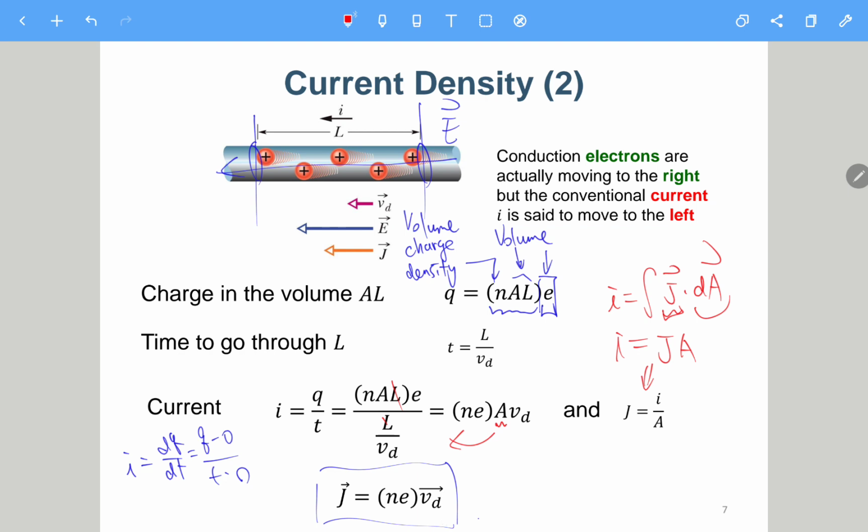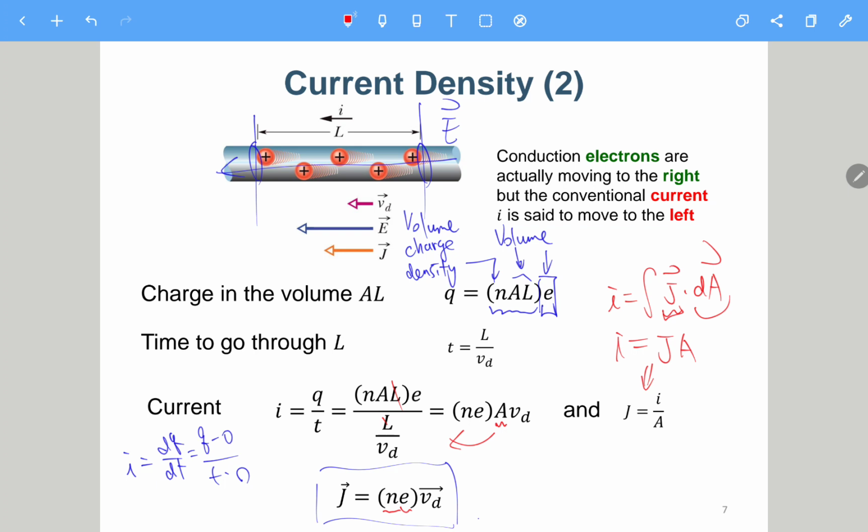Here e is a constant, of course the unit charge or the elementary charge. This n is the charge density, which should be a constant for a specific material. For example, if it's copper, n should be a specific value, I think last time we came up with that value. For different materials the value may be different, but given the same material, n should be the same.